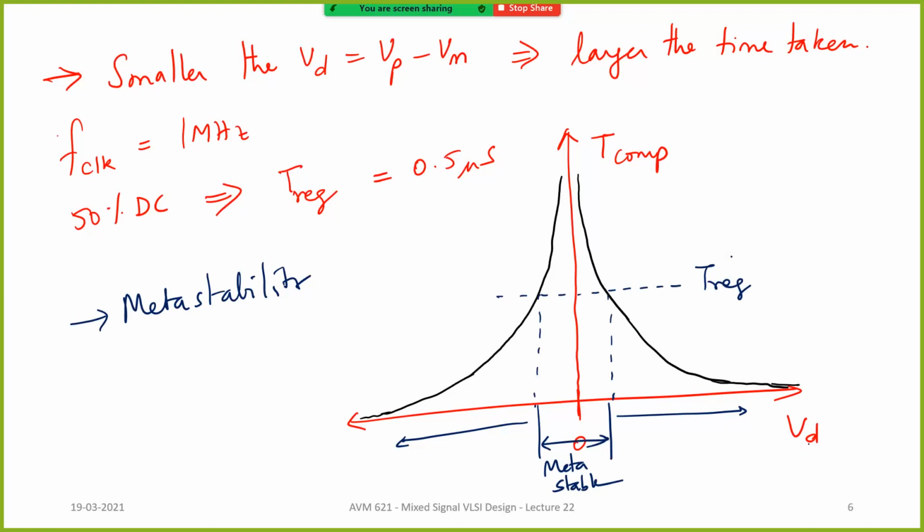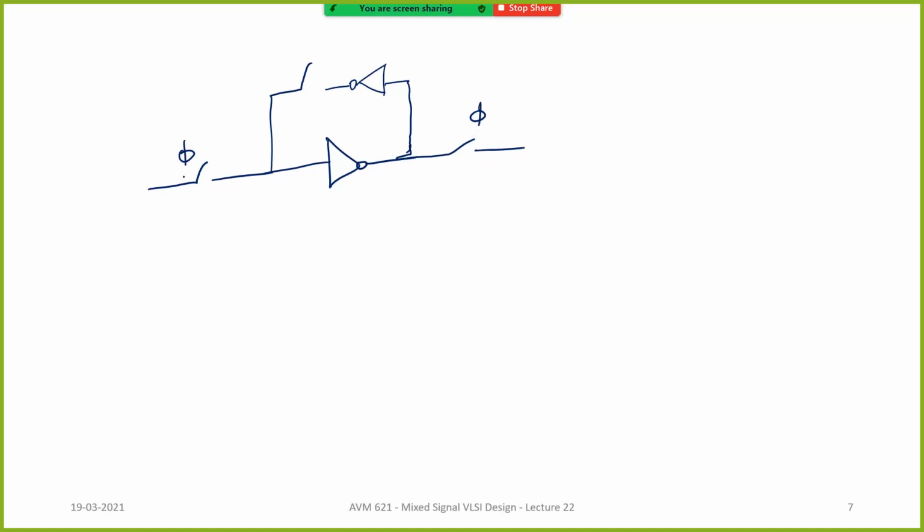So basically, you have back-to-back inverters. That is basically your comparator. Let me just conclude the class with that today. You have two inverters, and instead of writing a VD, let's say this is phi, this is phi, and this is phi bar.